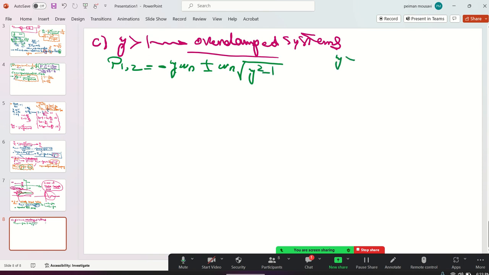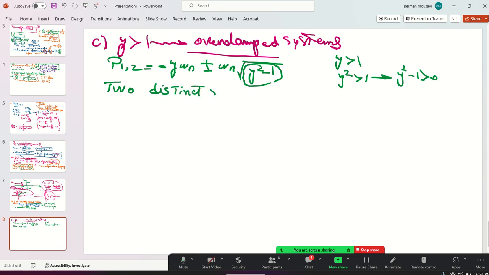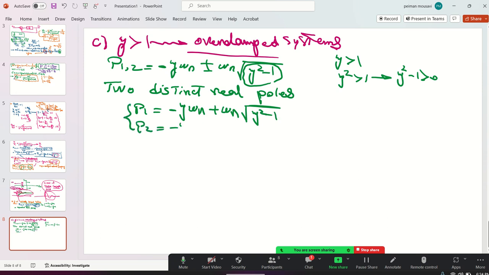When zeta is greater than 1, obviously zeta square is greater than 1, so zeta square minus 1 is also positive. So you have two distinct real poles. One of them is minus zeta omega n plus omega n square root of zeta square minus 1, and the second one is minus zeta omega n minus omega n square root of zeta square minus 1.